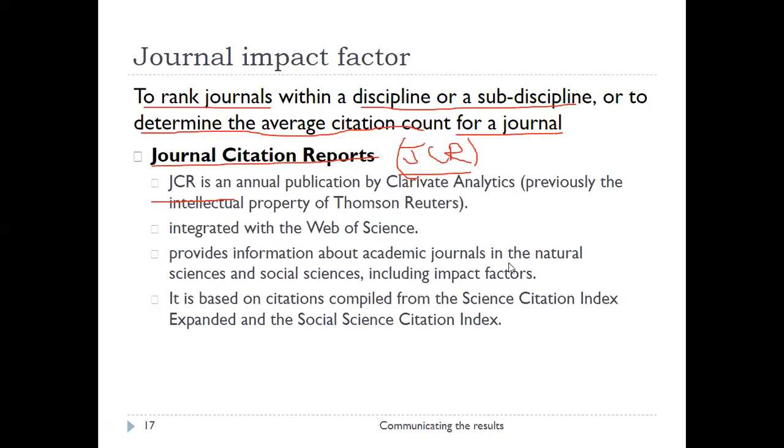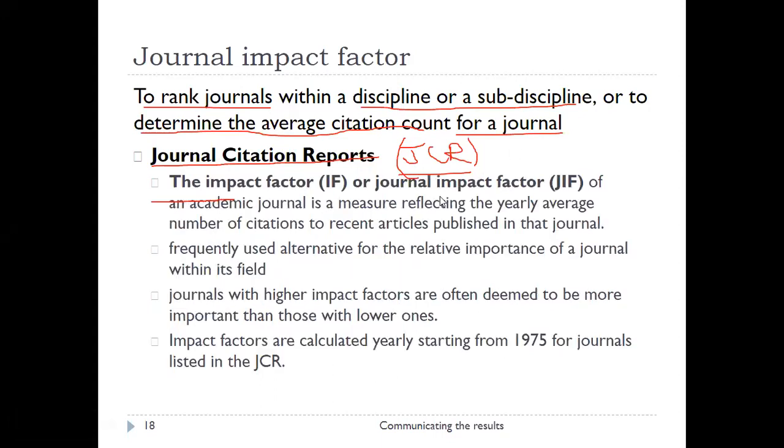It provides information about academic journals in the natural sciences and social sciences, including impact factor. All this information will be provided by this JCR report. It is based on the citations compiled from the Science Citation Index Expanded and Social Science Citation Index. Now, Science Citation Index and Social Science Citation Index are done separately, and the analysis is presented accordingly.